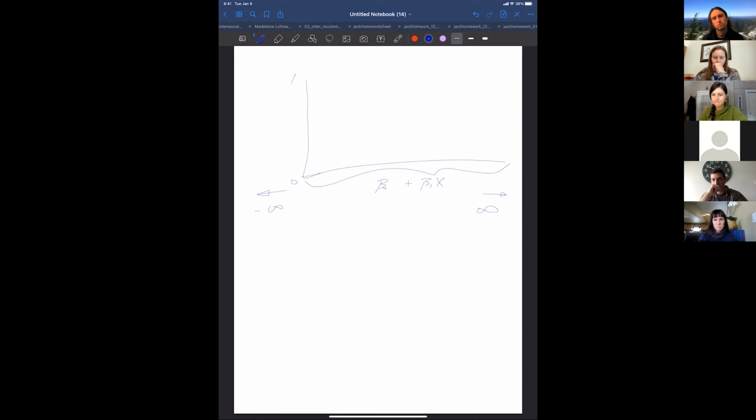So we're going to want a function that looks like this. It'll take very negative values of beta 0 plus beta 1x. So let's say beta 0 plus beta 1x equals negative 5,000. And so that would be way over here.